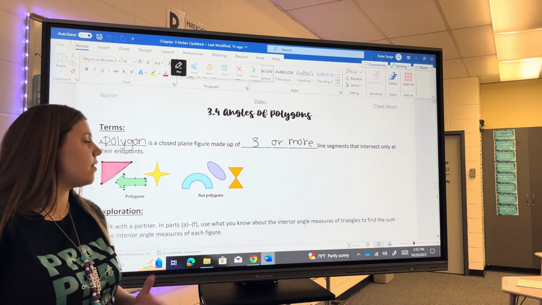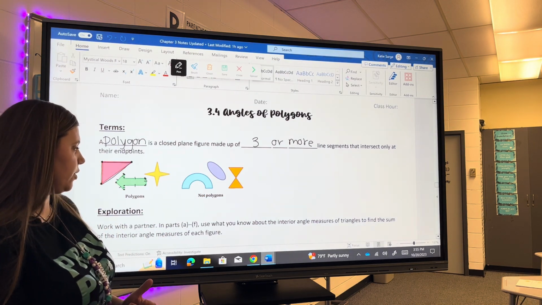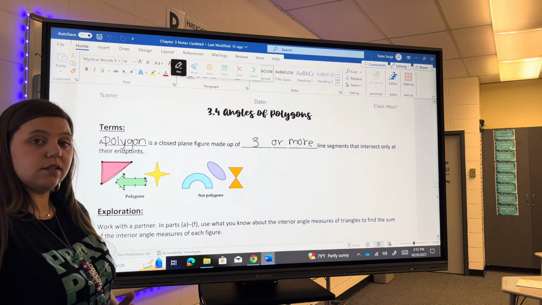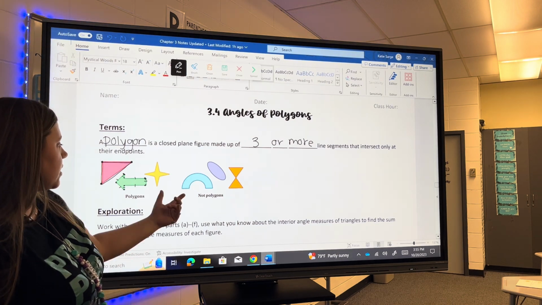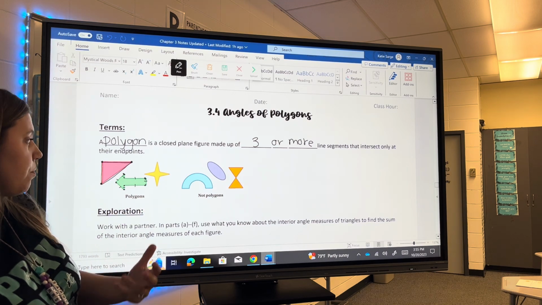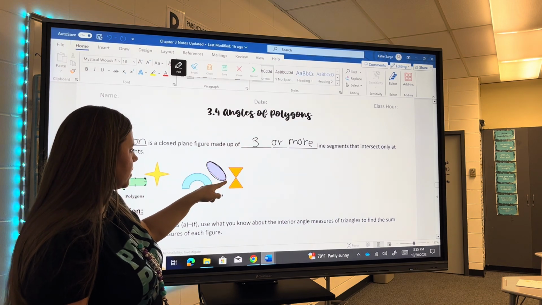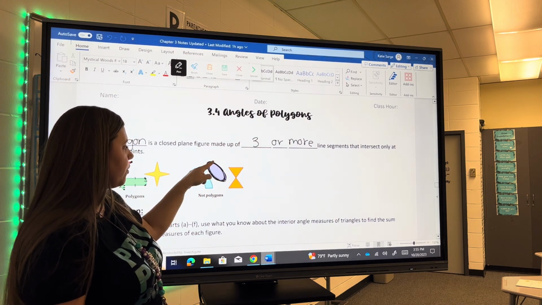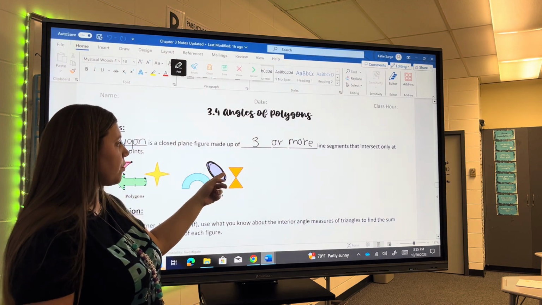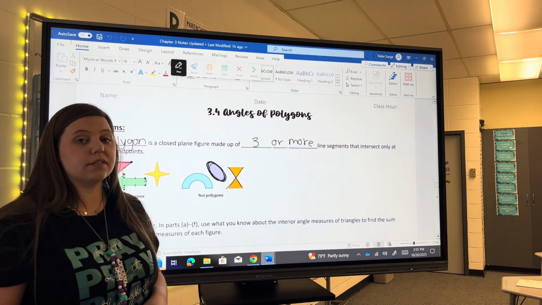I want you to think about why these would not be a polygon. Just take a look at them and figure out for a second maybe why they aren't. Okay, the reason is because a polygon has to have 3 or more line segments. And if we look here, this is just one continuous line over and over, right? There's not 3 or more sides. Here, we've got 3 or more line segments, but we have this kind of crisscross going on in the middle, okay?